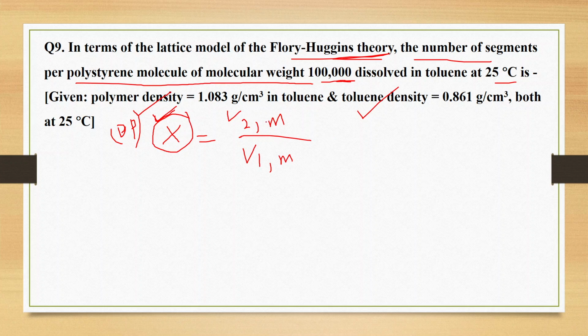You just have to calculate this V2 and V1 for the individual case, and then take the ratio, and you will have the answer. So we have two strikingly different answers: one is 864, another is 2038.7. Let others also try. If I get two to three same answers, then I can show you how to solve this.